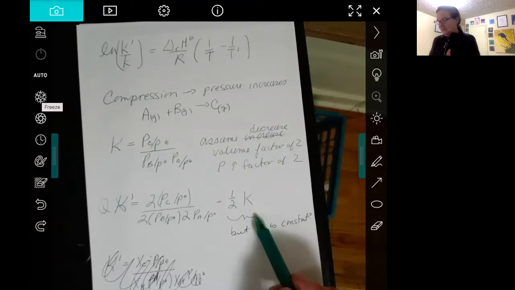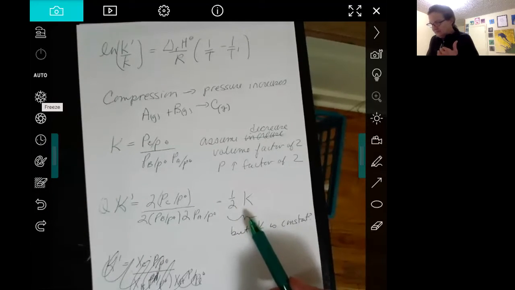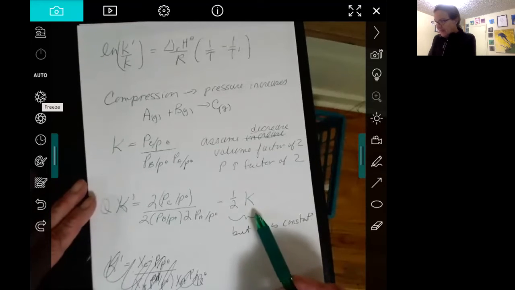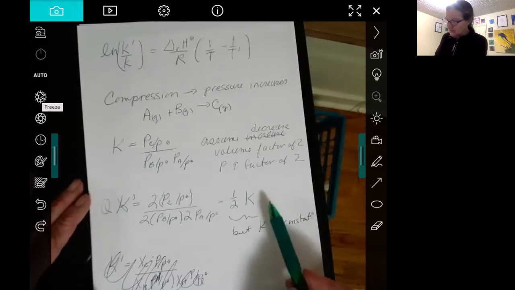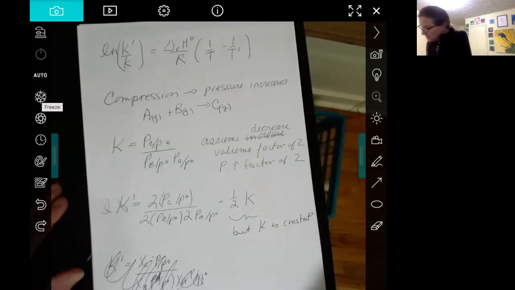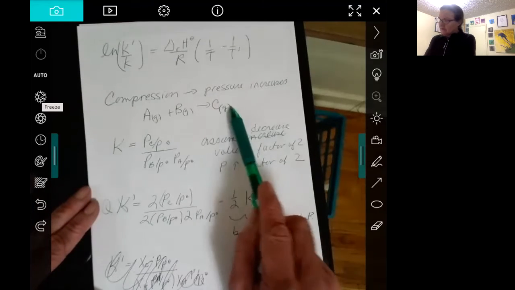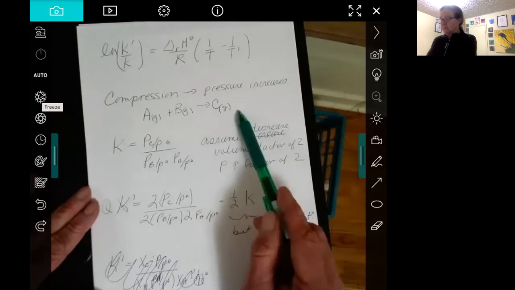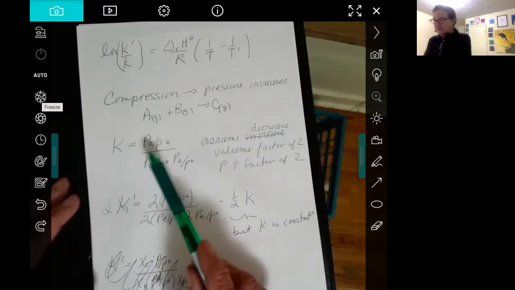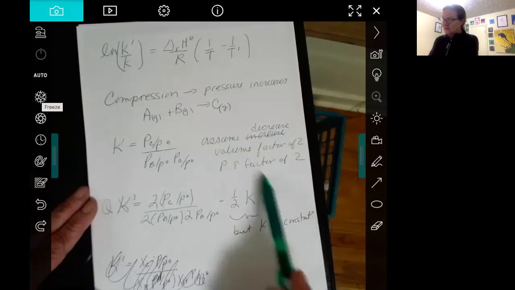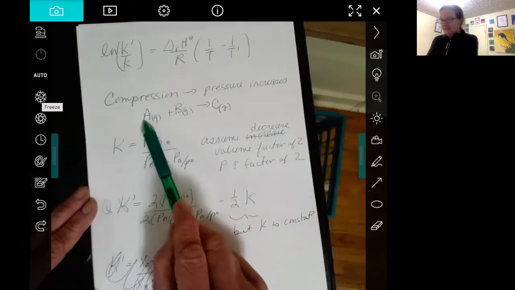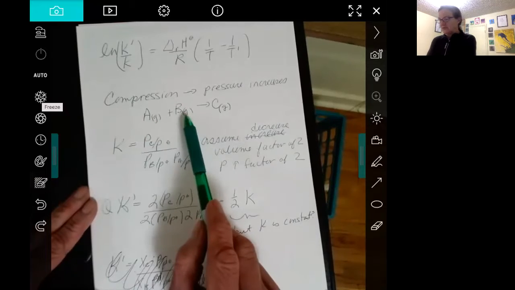And you know, if Q is smaller than K, which way is it going to go in order to reach equilibrium? Yeah, it's going to react forward because Q has to get bigger, which also just goes with your common sense that if you increase the pressure, you can alleviate pressure by decreasing the moles of gas.